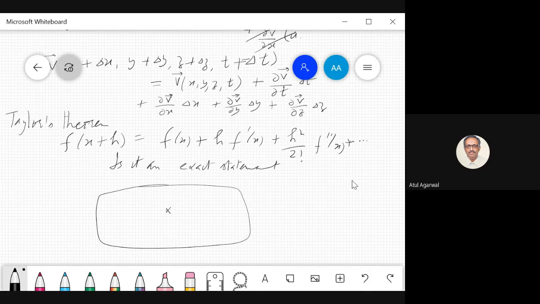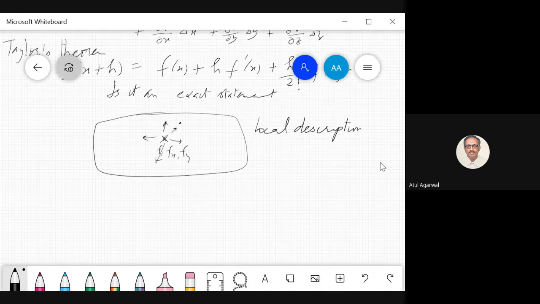If you know the function value and its derivatives at this point, then you can find the value of the function in the neighborhood. So this is known as the local description. That is the use of this theorem.